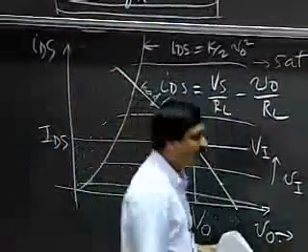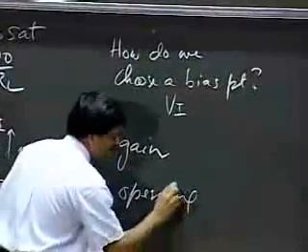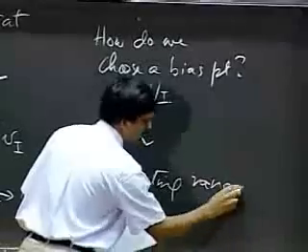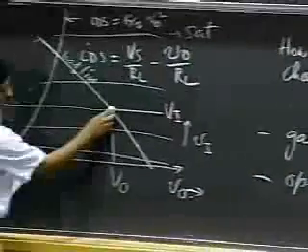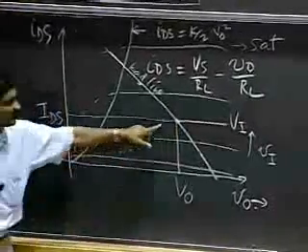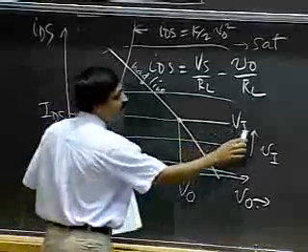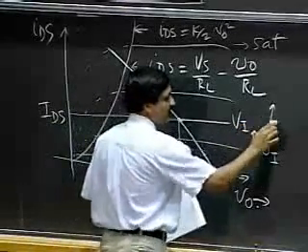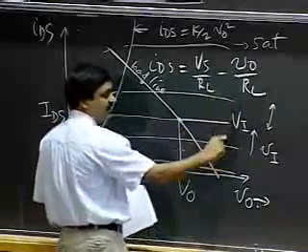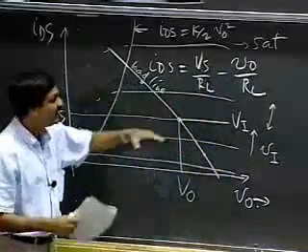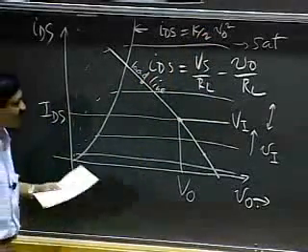The second important consideration is operating range. Notice that if I choose a bias point here, then as the input VI goes up or down in this graph, I would be traversing and following different lines here in my MOSFET characteristic.